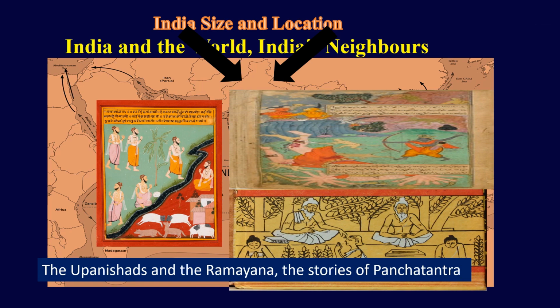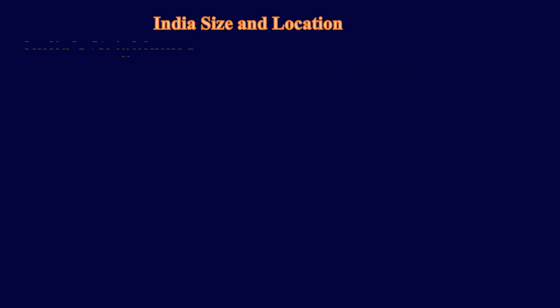Spices, muslin, a kind of cotton cloth, and other merchandise were exported. The influence of other countries' cultures, such as Western architectural styles, can be seen in different parts of India.